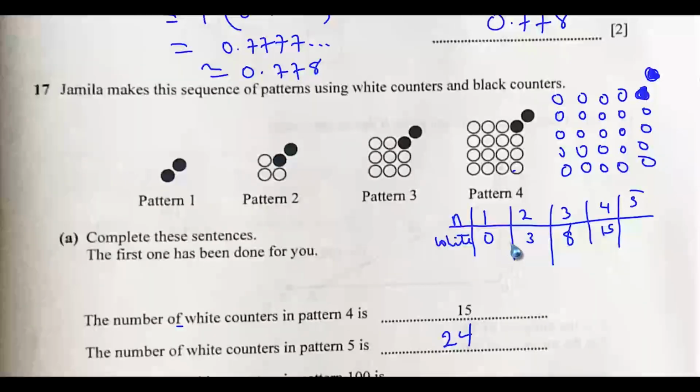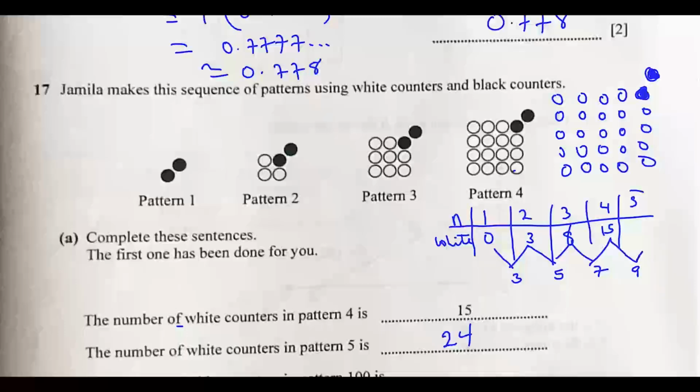The pattern you can use is to find the differences. 3 minus 0 is 3. 8 minus 3 is 5, then 15 minus 8 is 7. If you look at this, you can see that the difference is increasing by 2. So to get the next one, it has to be 15 add 9.